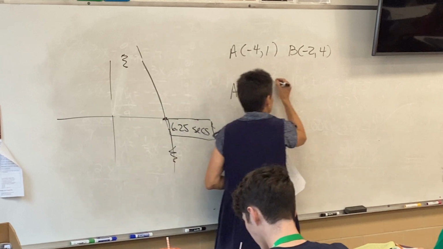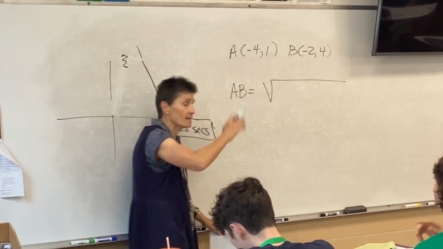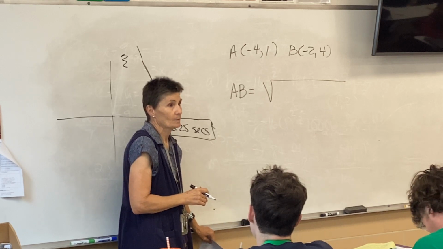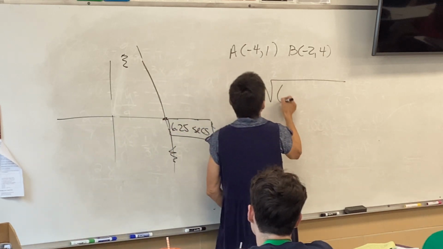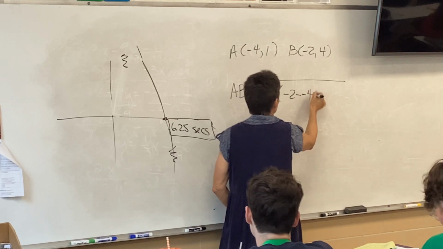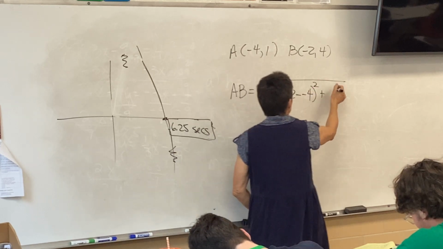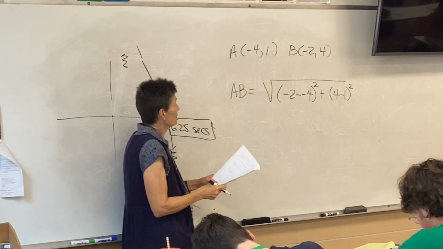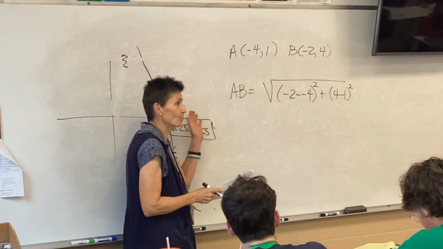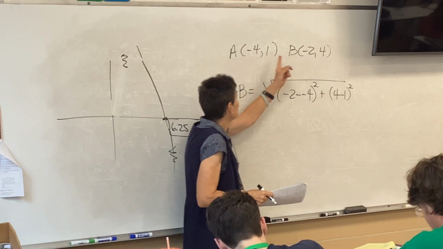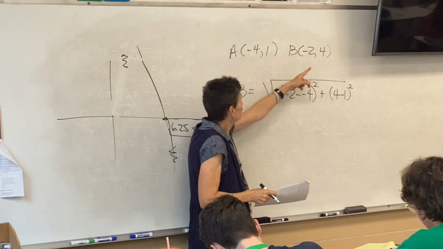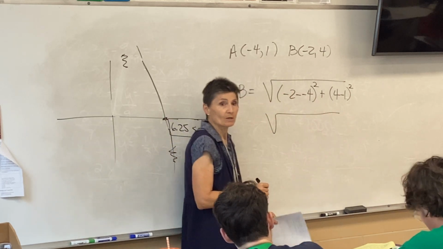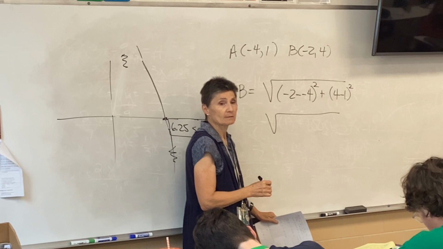Okay. So this means distance. No matter which question it is, AB means distance. And how do we find distance? So -2 minus -4 squared, 4 minus 1 squared. You do that in your order, that doesn't matter. -2 minus -4, 4 minus 1.